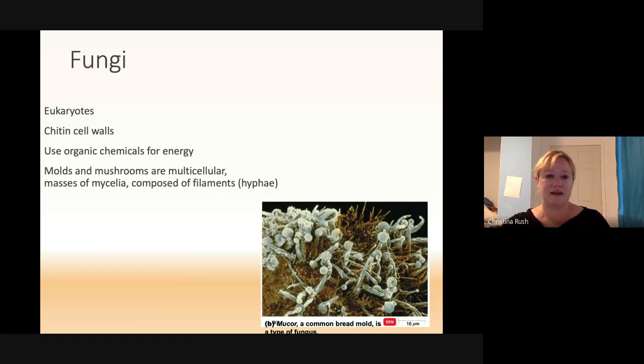Masses of mycelia. And these can be composed of filaments or hyphae. And that's kind of what we're seeing here. We see some hyphae in this picture. It's a bread mold where they're sticking up and they have the little sporangium at the top. Yeasts are a type of fungi and they are all unicellular.